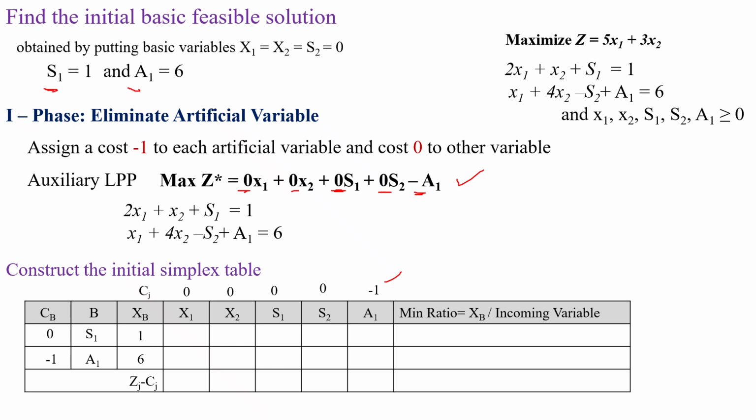In the first constraint, the x1 coefficient is 2, x2 coefficient is 1, s1 coefficient is 1, s2 coefficient is 0 and a1 coefficient is 0. Similarly, in the second constraint equation, the coefficient of x1 is 1, of x2 is 4, for s1 there is no s1 so its coefficient is 0, for s2 it is -1, and for a1 it is 1.